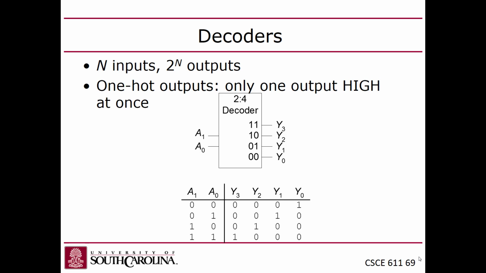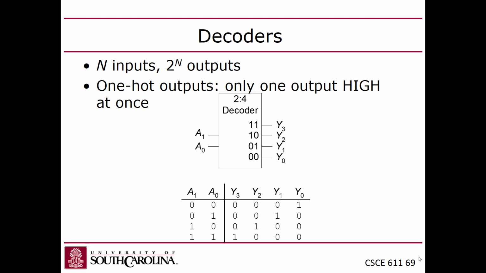Decoders are where you have a binary encoded input value, and you want to convert it to a unary, binary to unary conversion. What's unary? Unary is when you have a set of wires and they're all 0 except for one of them. Sometimes people call that one-hot encoding, right? I always call it unary encoding.